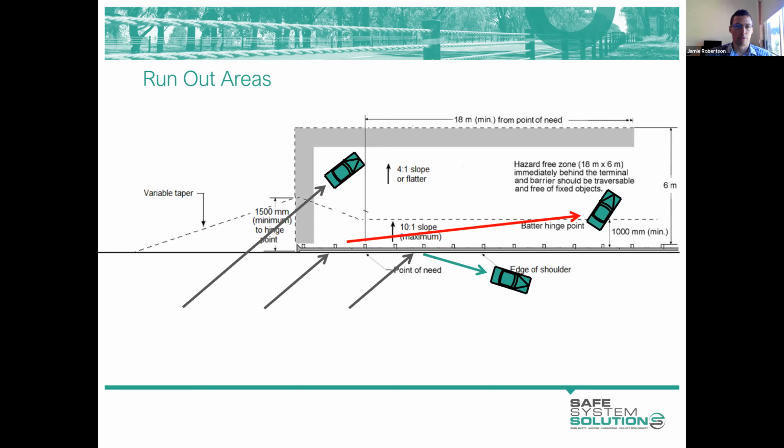So I encourage you to provide a run-out area wherever you can. This may influence where you choose to start a barrier. If there's an area of roadside available that is flatter and nicer and freer of objects, you may seek to adjust your barrier length to ensure that we provide a good run-out area.